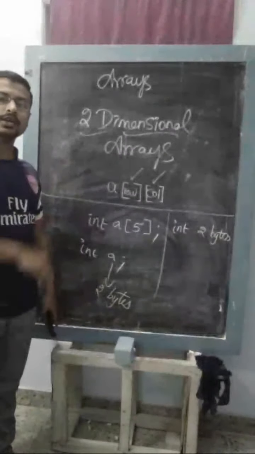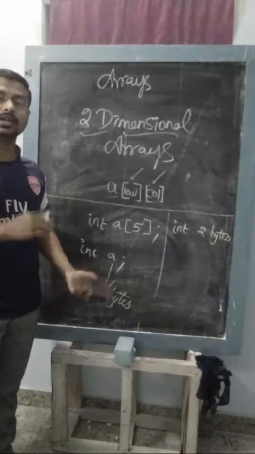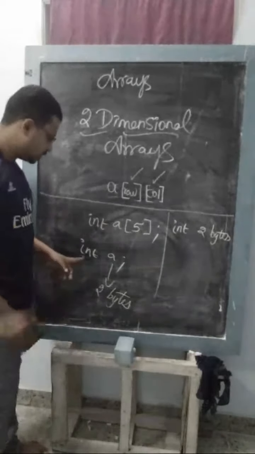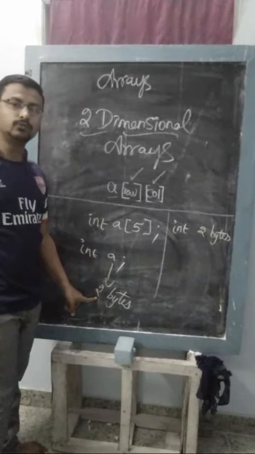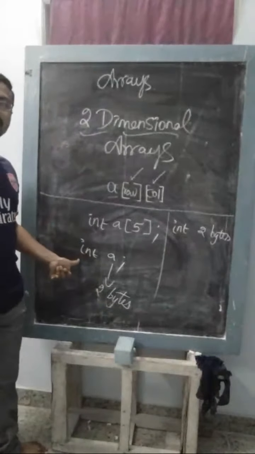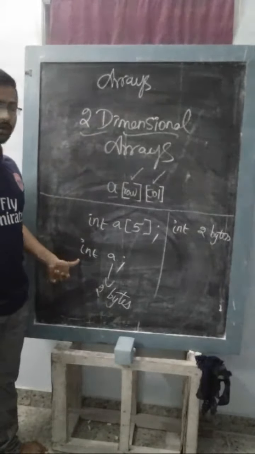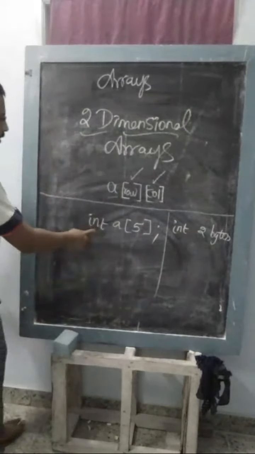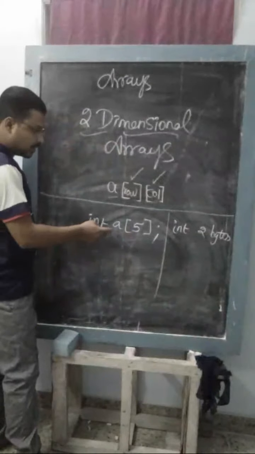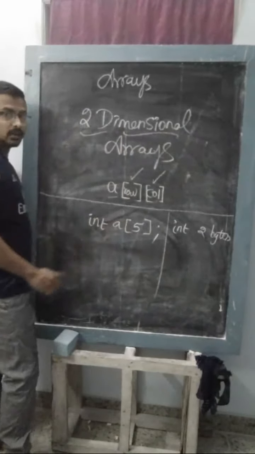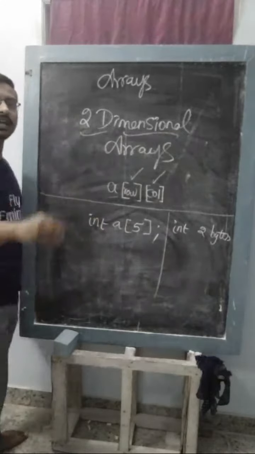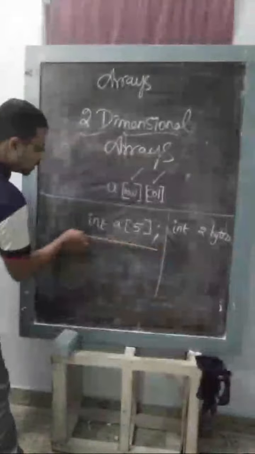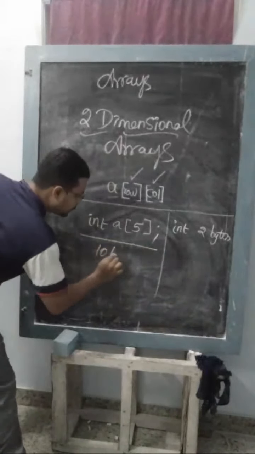In base C++ an integer consists of 4 bytes, but don't get confused by that. Now if an array a consists of 5 elements, each element consists of 2 bytes, so in total this array consists of 10 bytes.